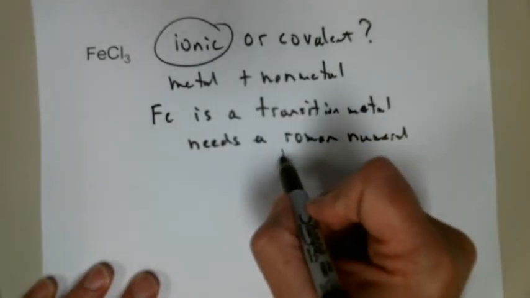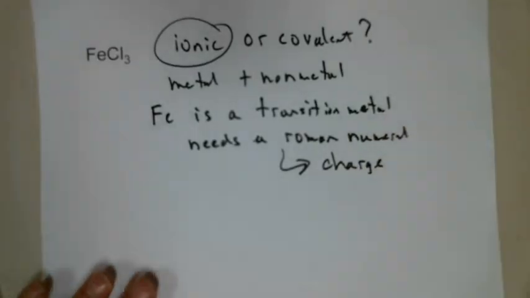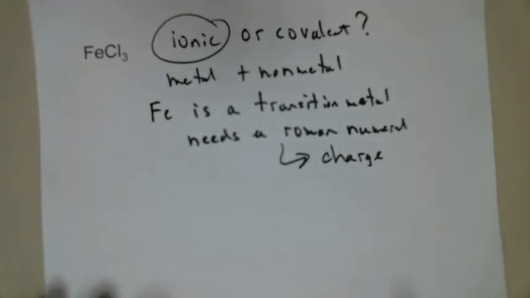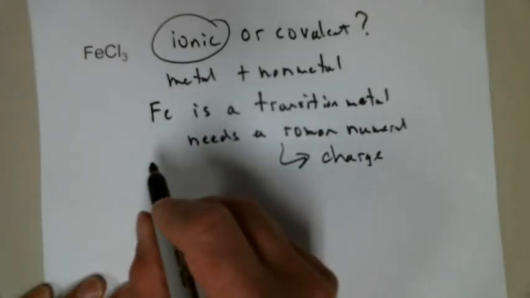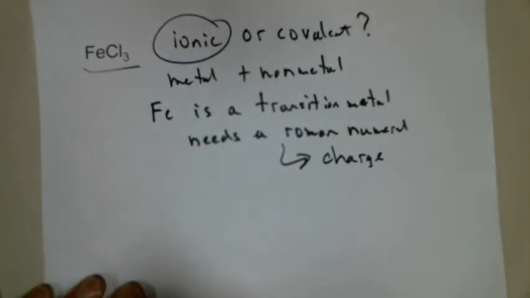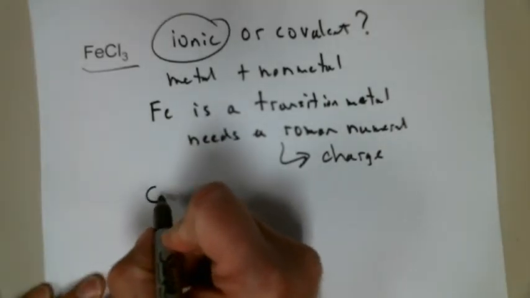That Roman numeral gives us the charge, so it indicates the charge on that cation. And so what is the charge? Well, we don't know. We've got FeCl3, and we can't tell from the iron. We have to go back and look at the chloride.